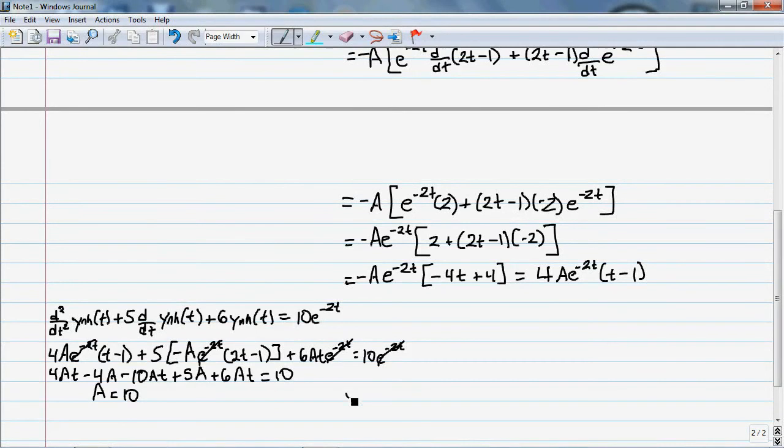So our total solution is just the homogeneous plus non-homogeneous, and that's equal to C1e to the negative 2t plus C2e to the negative 3t plus 10, don't forget the t because we've got the duplicate, e to the negative 2t.